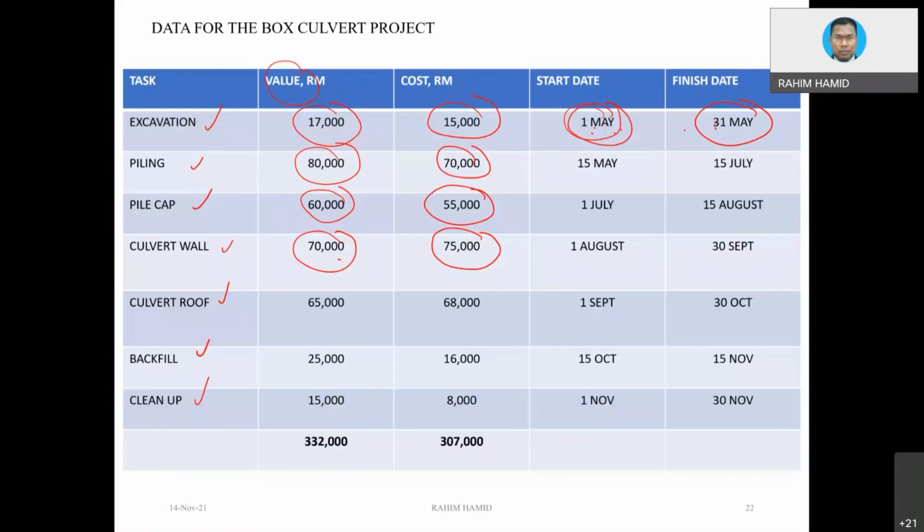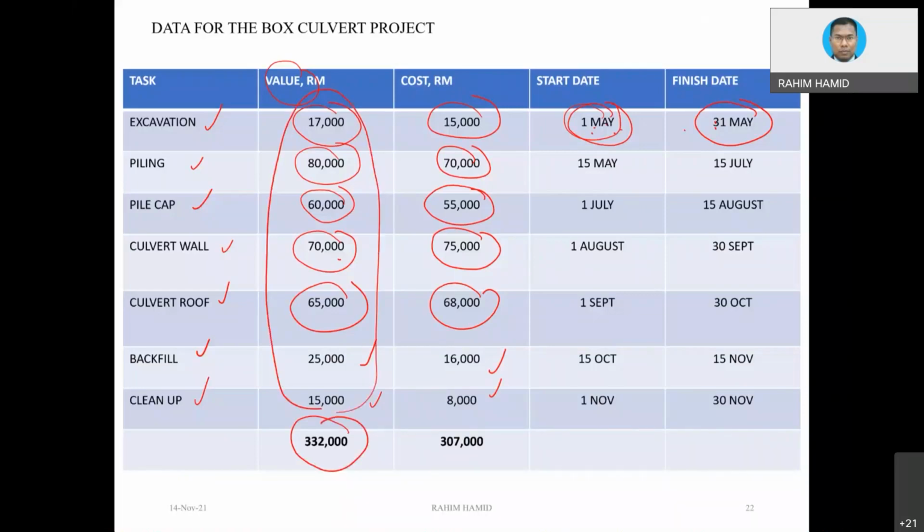So similarly, construction is also like that. This is just exactly the example. Culvert you are also doing at a loss, and then backfilling is okay, and cleanup is okay. But overall, your value of work is 332 based on the summation, and the cost is 307.